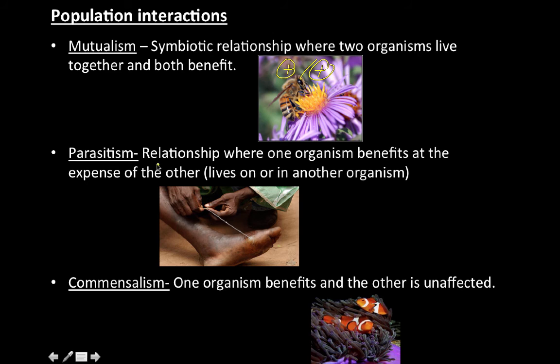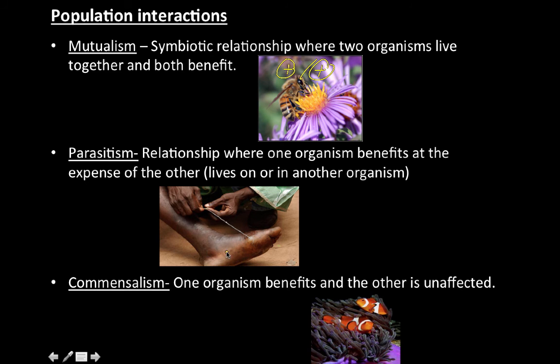Parasitism would be the next one. This is a relationship where one organism benefits at the expense of the other. It lives on or in another organism. So this right here is referred to as a guinea worm. The guinea worm pops out of the bottom of a lower appendage, like a leg or a foot. It lays its eggs. It lives just underneath the skin.